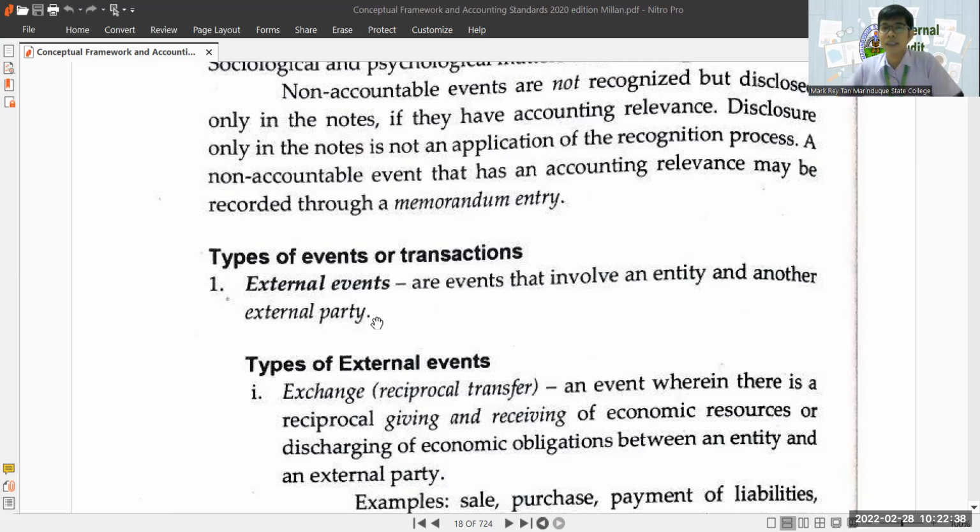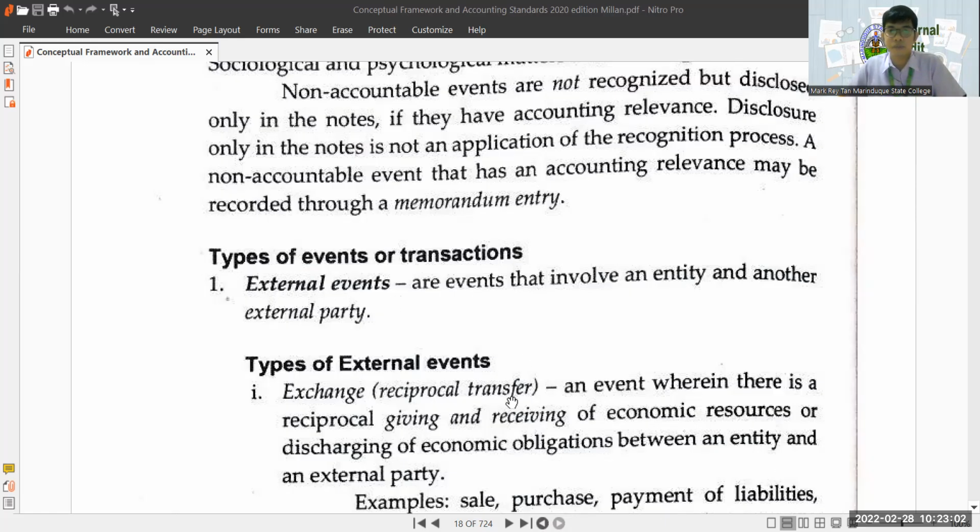And when we say external, sa labas, ano? So, ibig sabihin, external events involve the entity itself, yung business itself, and another external party. Kaya nga external, ibig sabihin, business entity has transactions with another entity outside of the business.